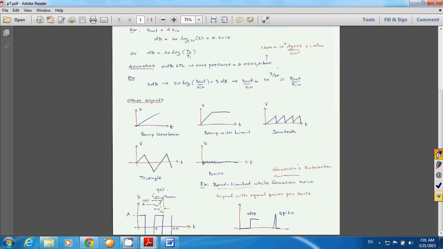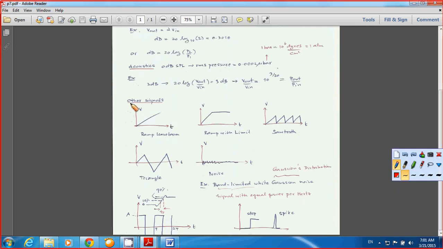Other signals, you're probably familiar with already: ramp waveform, sawtooth, triangle, noises. Typically we talk about the band limited white Gaussian noise. It means the signal with equal power per hertz, so it's not so difficult to understand.